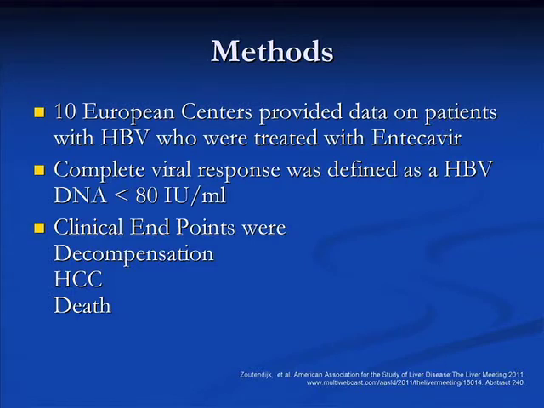They looked at a complete viral response, which was making the hepatitis B viral DNA essentially undetectable, less than 80 international units per mil. Their clinical endpoints were development of decompensation, development of hepatocellular carcinoma, or death.